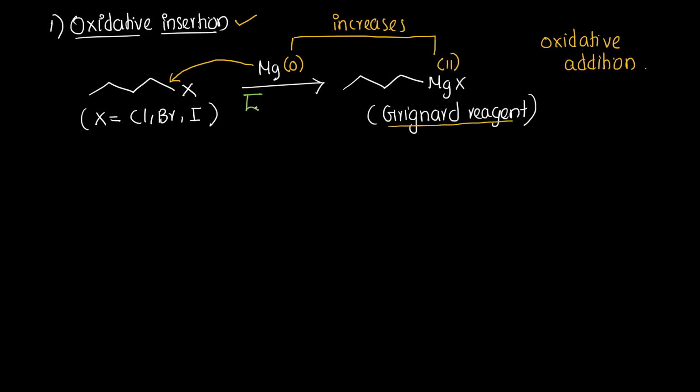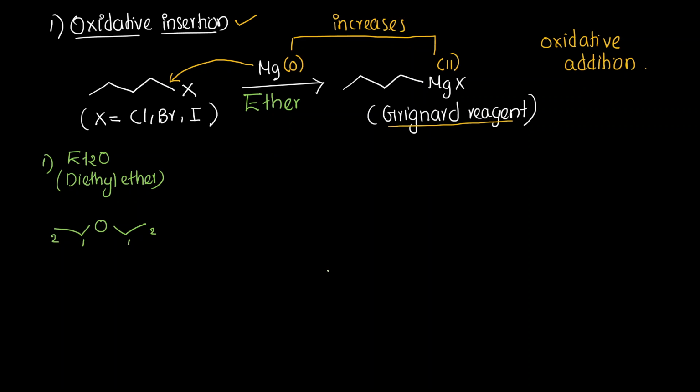The important thing you need to remember, in the Grignard synthesis, we use ether based solvents. For example, you can use diethyl ether. So this is the diethyl ether. The structure is like this, you have an ethyl group at both the ends.